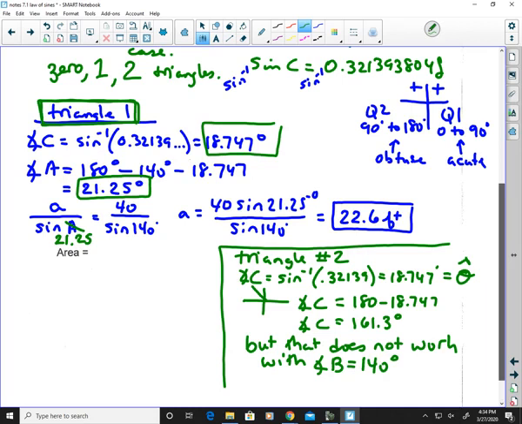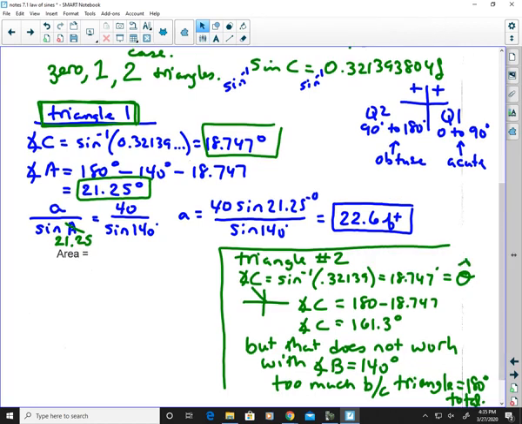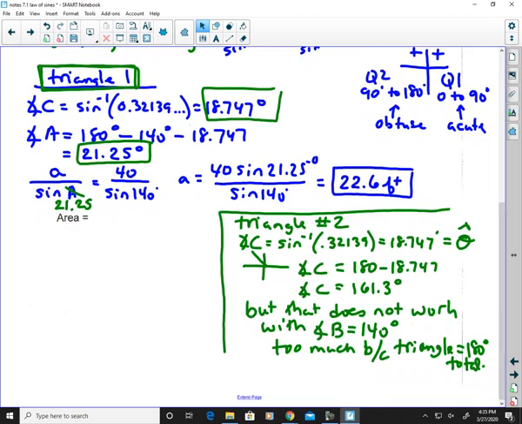Together, that is too much, because triangles have 180 degrees total. So that tells me that this is a one triangle case. Even though it's not a congruency shortcut, I actually was able to find the true triangle, the only triangle that will work for that situation.